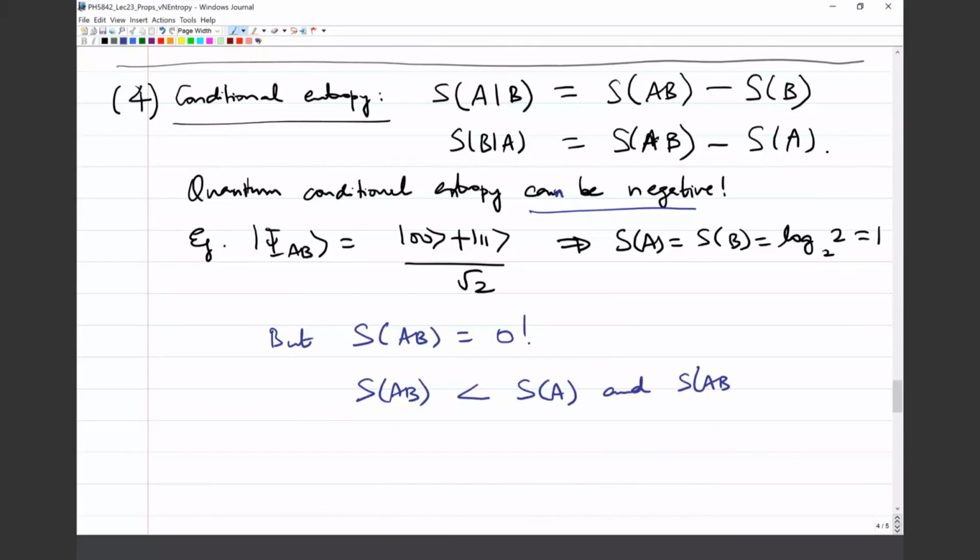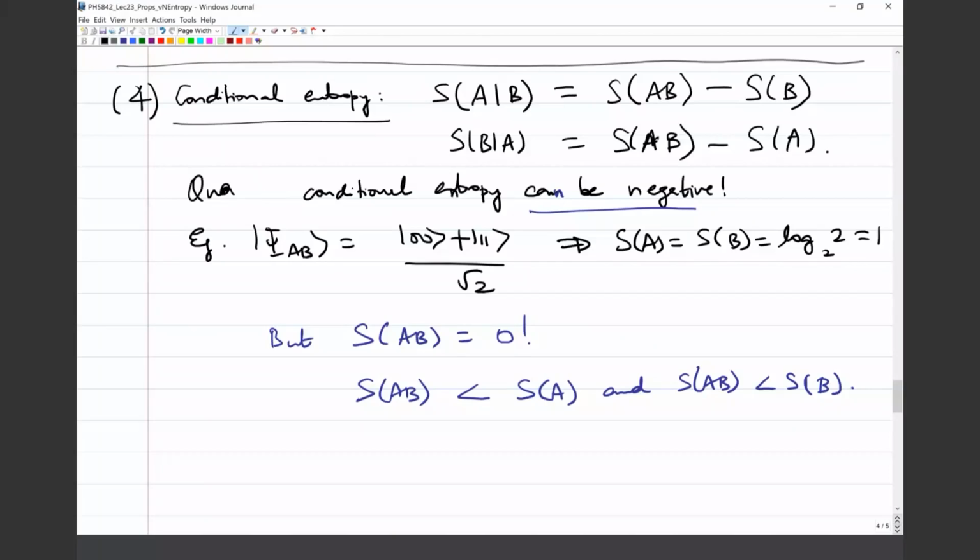So your conditional entropy in this case is actually -1. Okay, so this negativity of the conditional entropy can be thought of again as a signature that there is entanglement in the system. And again, this is a clear indication that this entanglement is a kind of phenomenon which cannot happen in the classical case. You simply cannot have a negative conditional entropy scenario.